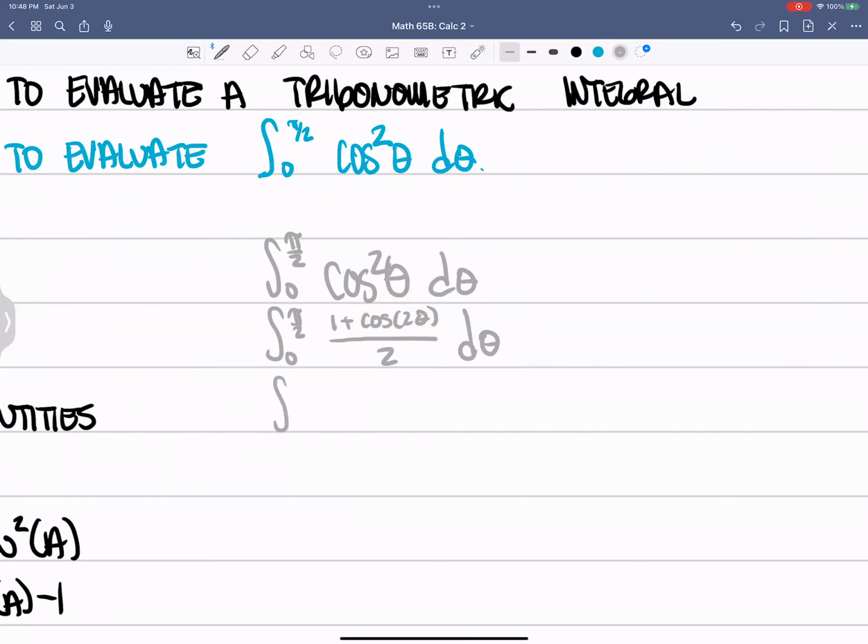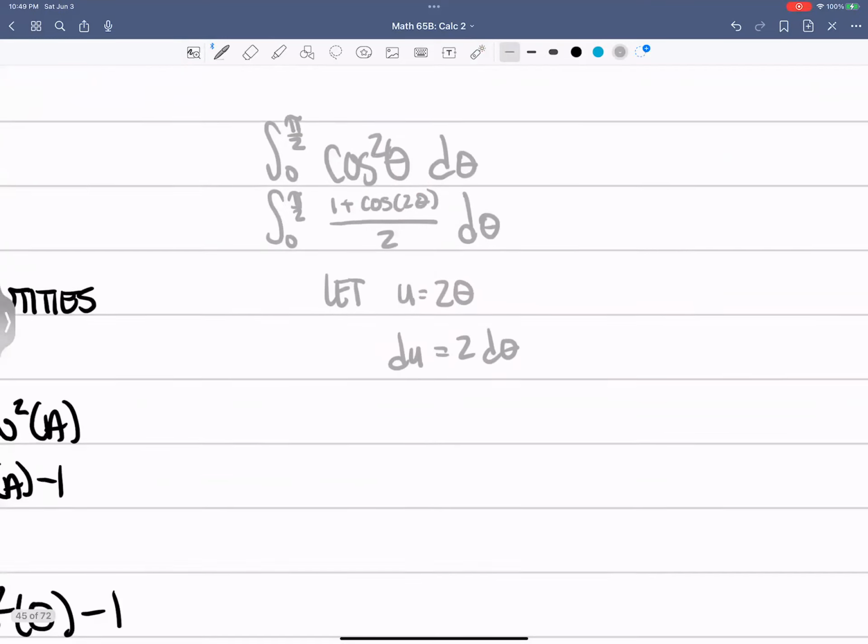Here we're going to let u equal 2 theta. So du is equal to 2 d theta, or 1 over 2 du is equal to d theta. At the same time, we have to fix those limits too.